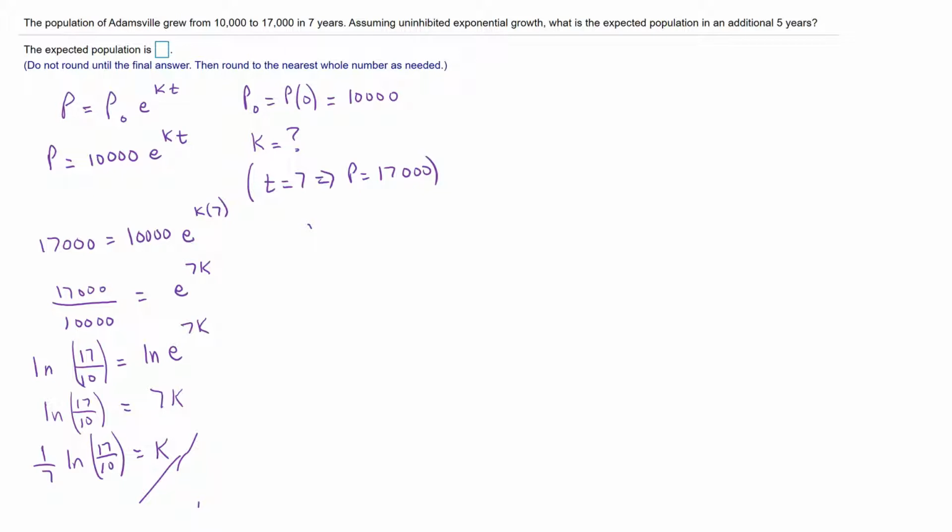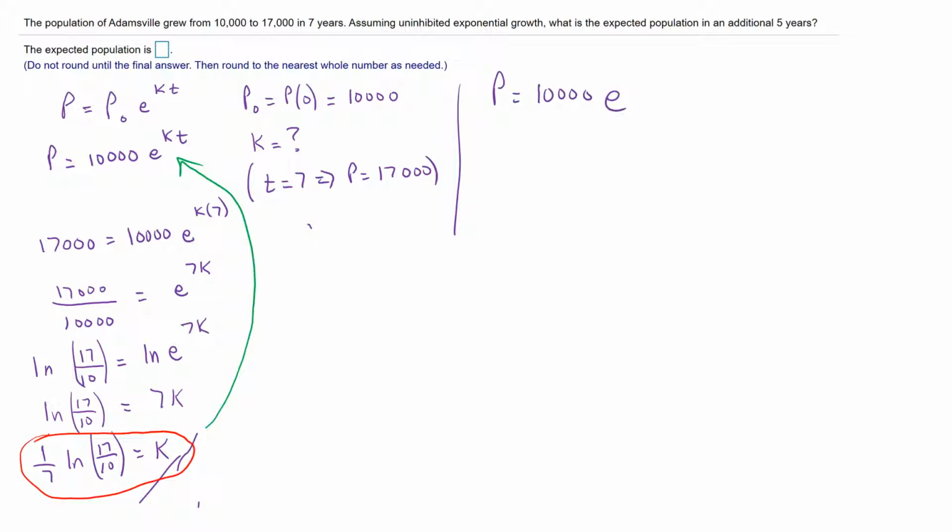So k is equal to 1/7 natural log 17/10. That's kind of a weird number, but now we're going to take that value and plug it back into the equation. If I do that, I'll have P equals 10,000 e to the 1/7 natural log 17/10 times t.